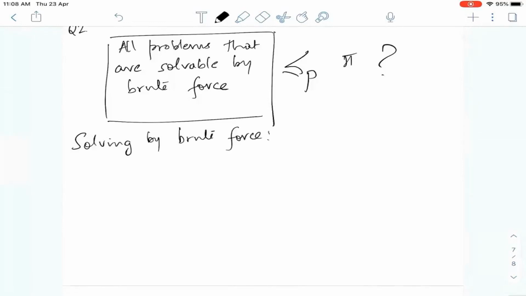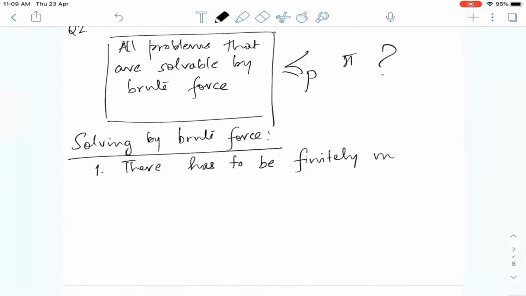Number one, there has to be finitely many possible solutions.